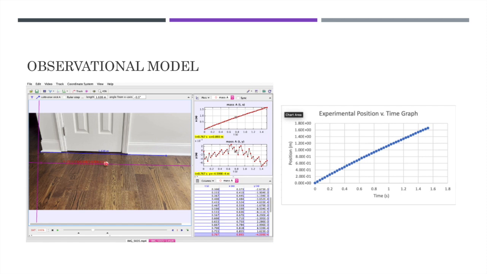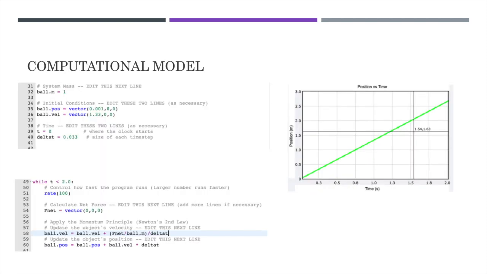So as for the computational model, we used a Java code that I just changed up. For example, the initial position vector, I updated it since at time 0, the ball was not at position 0, it had already moved a little bit on the x-axis. So I went ahead and updated that initial condition, and then the initial velocity I just calculated by doing the change in position over change in time.